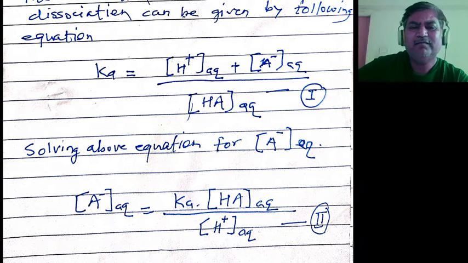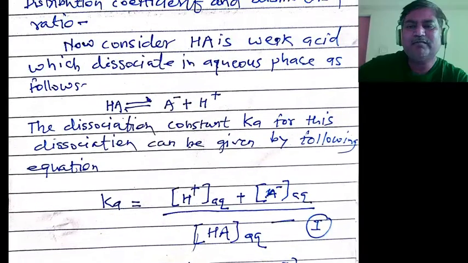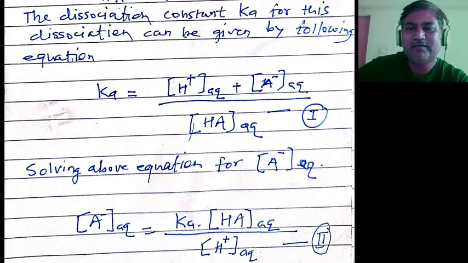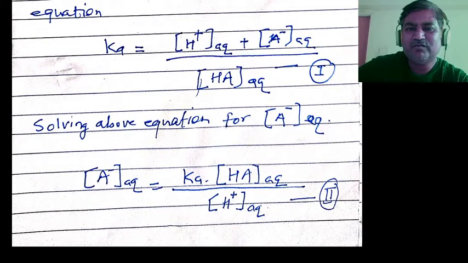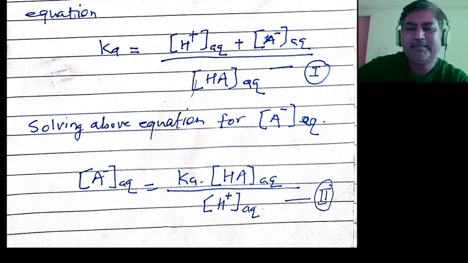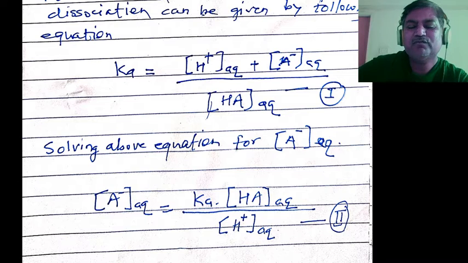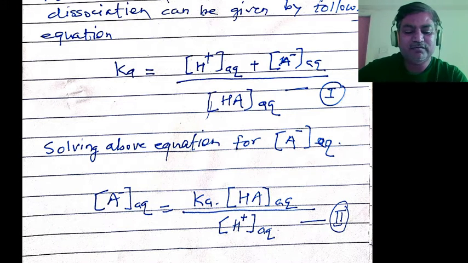Okay, this is very simple. I hope you understand up till now the dissociation of weak acid, the dissociation constant of this weak acid, and how A minus concentration can be rearranged in this manner. So remember equation first and equation second.